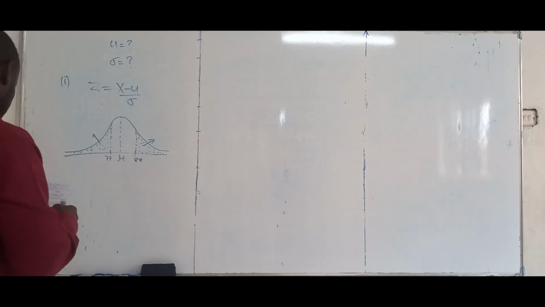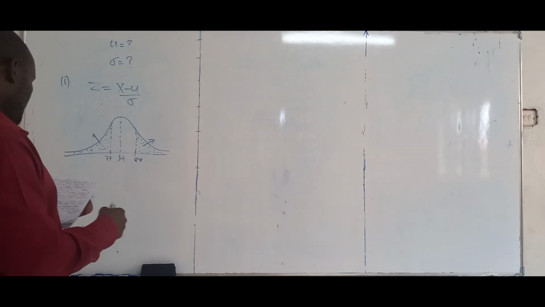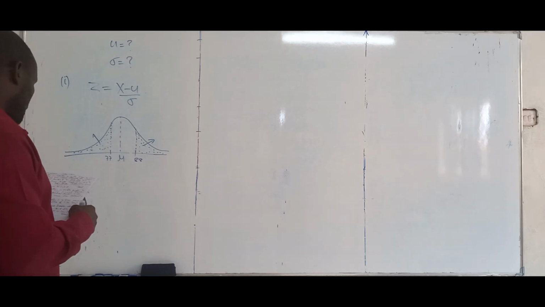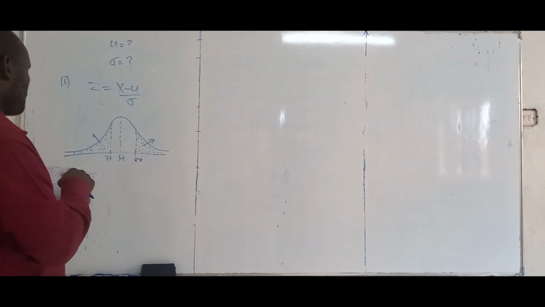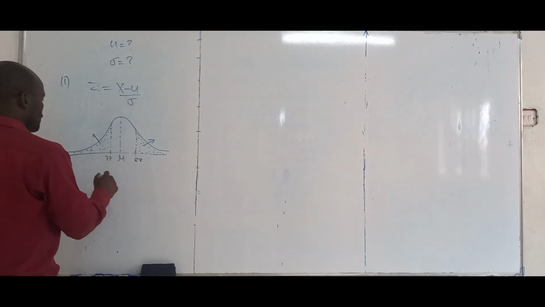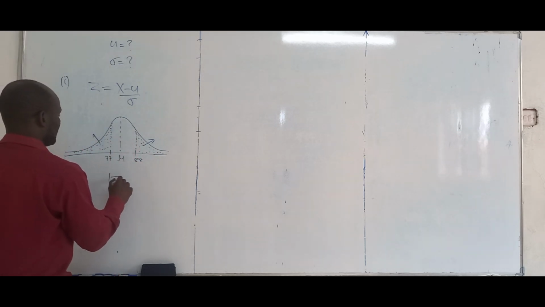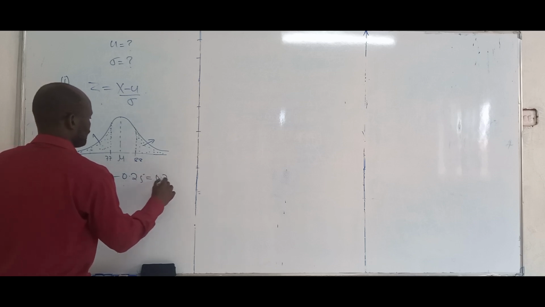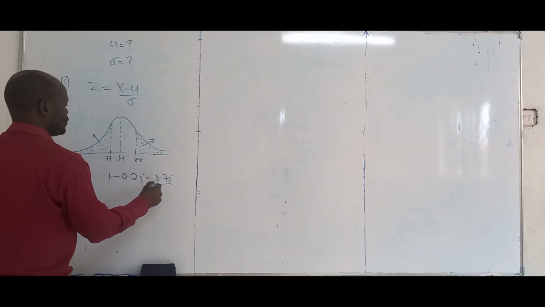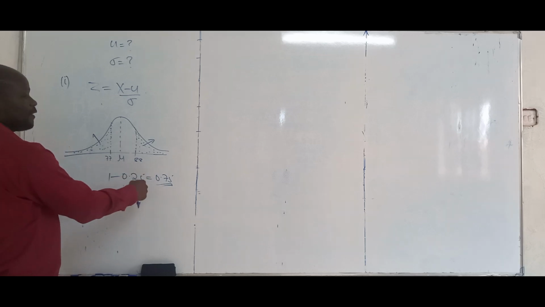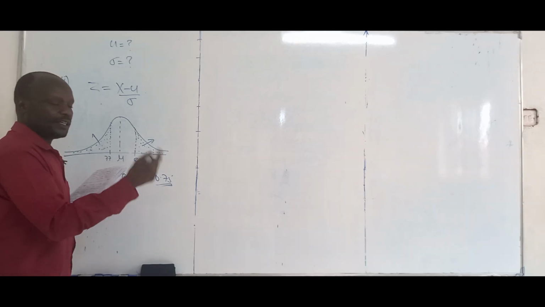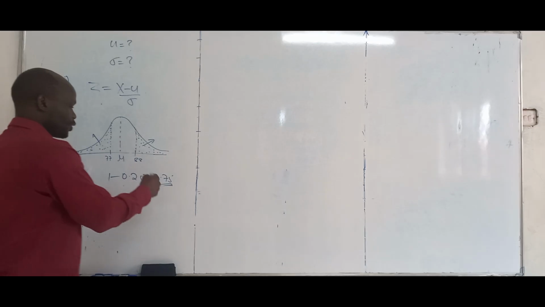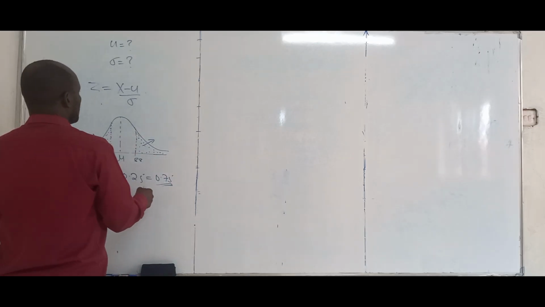In effect, we check the value of z that corresponds to the probability 1 minus 0.25, which is 0.75.